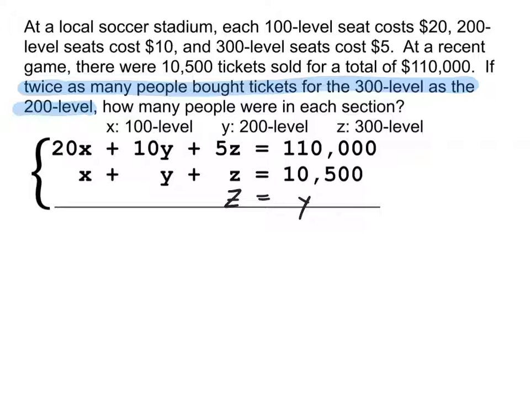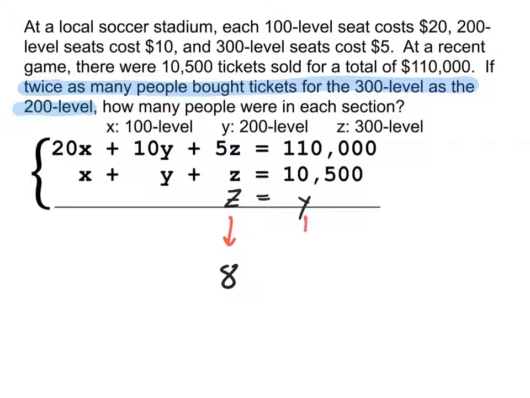And so whenever you're faced with one of these, because it seems slightly ambiguous, let's actually test a number and see what happens. So let's say that I have a z value of 8. Remember, z is my 300 level tickets. So if I have 8 of the 300 level tickets, twice as many people bought tickets for the 300 level as the 200 level.